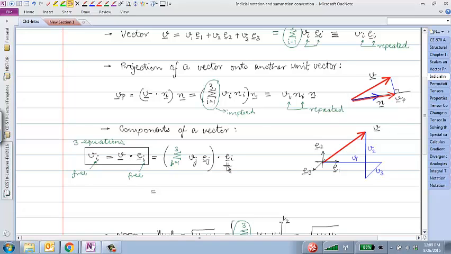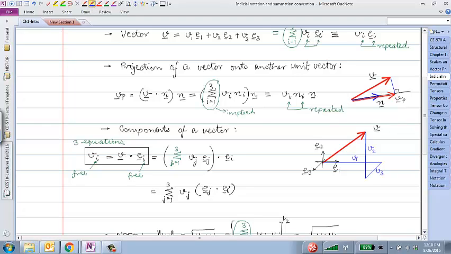So to work with that, we are going to again expand this v in terms of a repeated index j. So we can write this as the summation j going from 1 to 3 of vj, and now I'll change the brackets, ej dot ei.